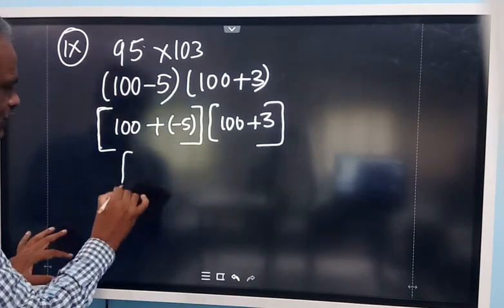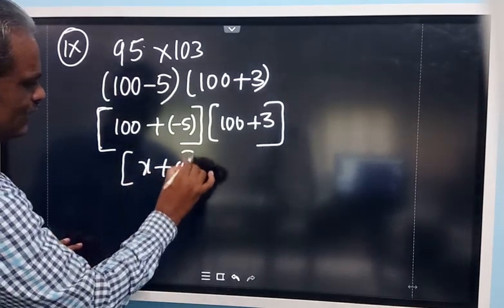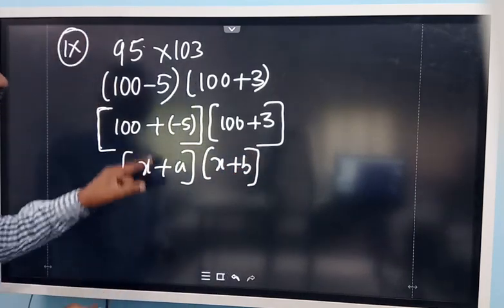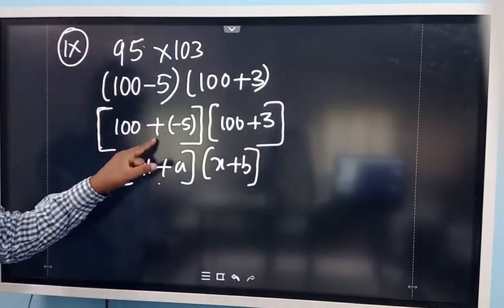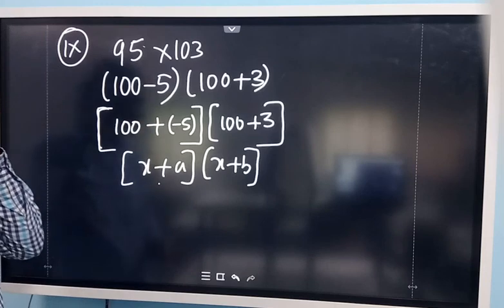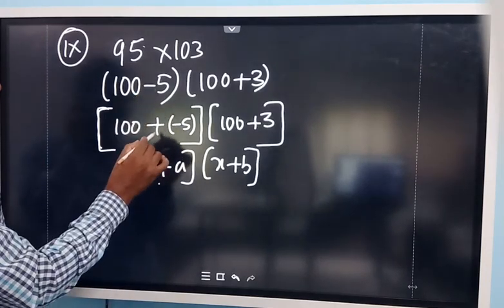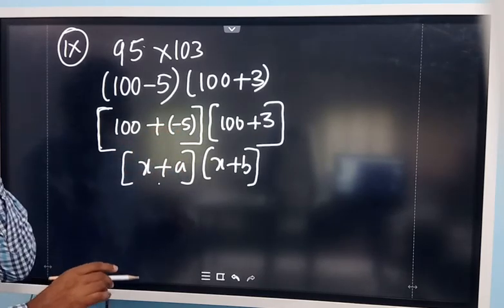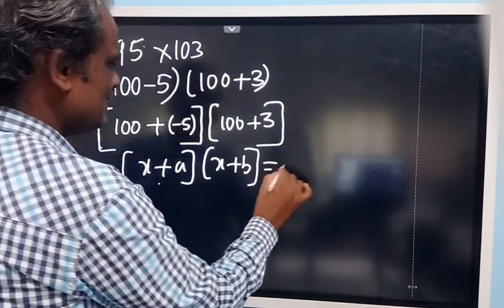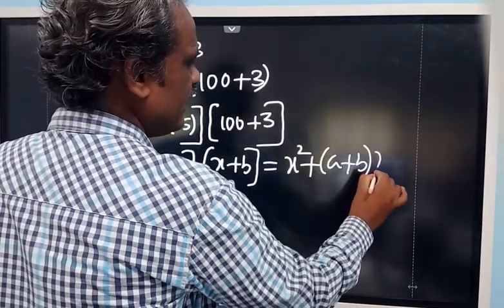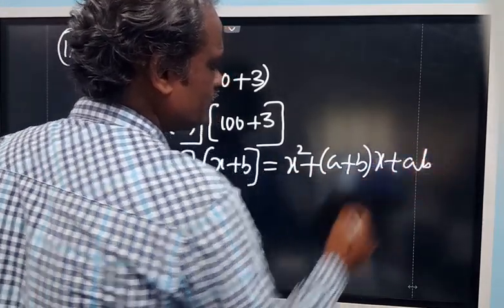Now this is similar to the formula (x + a)(x + b). I wanted plus here, that's why I have written plus of minus 5. I want to compare with x plus a, that's why I changed 100 minus 5 as 100 plus of minus 5. Both are the same only. So that is equal to x square plus (a + b) into x plus ab.